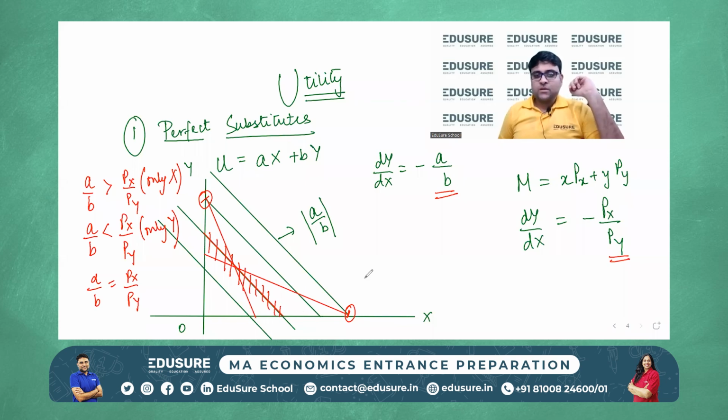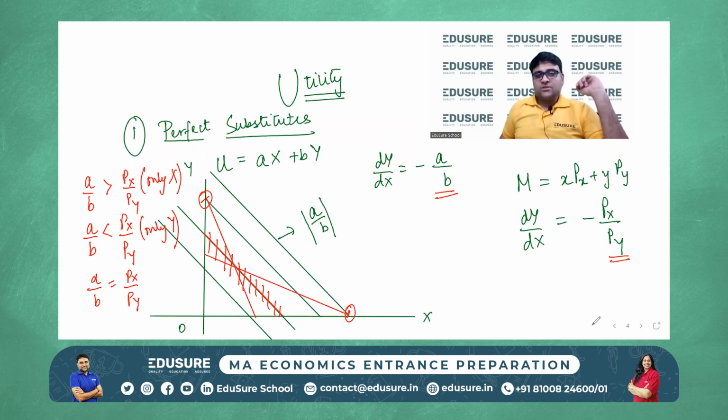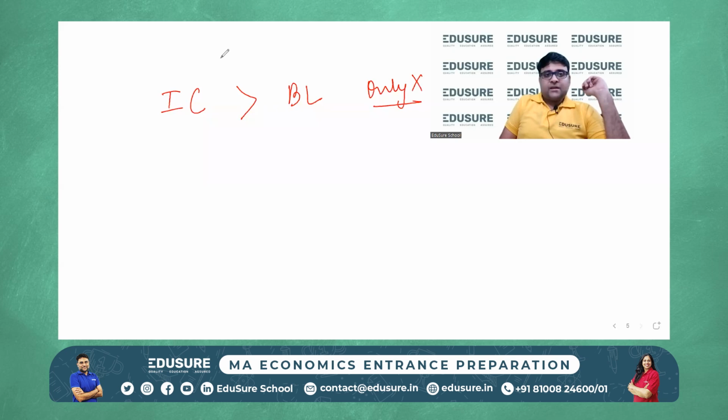So this basically gives me a theory. Slope of IC greater than slope of budget line, only x. Comparing slopes, slope of IC less than budget line, only y.